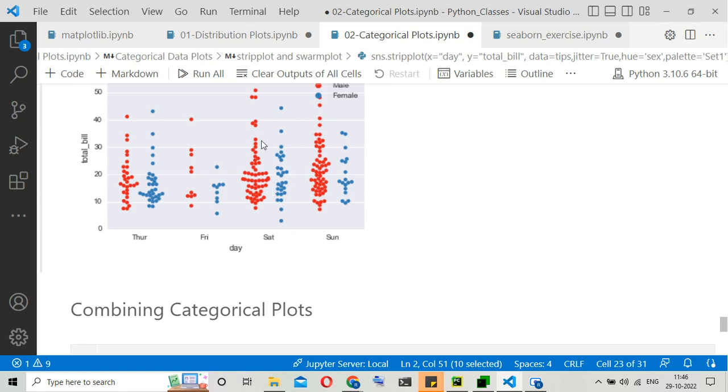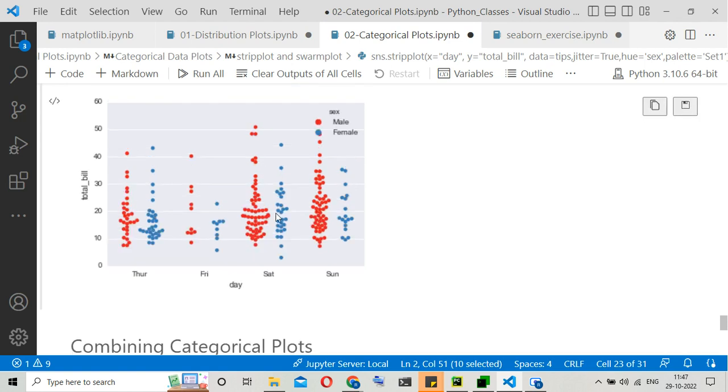You can say males are coming very much on Saturday. On Saturdays, a high number of male customers are coming and they are spending around this much. On Sundays, very little.